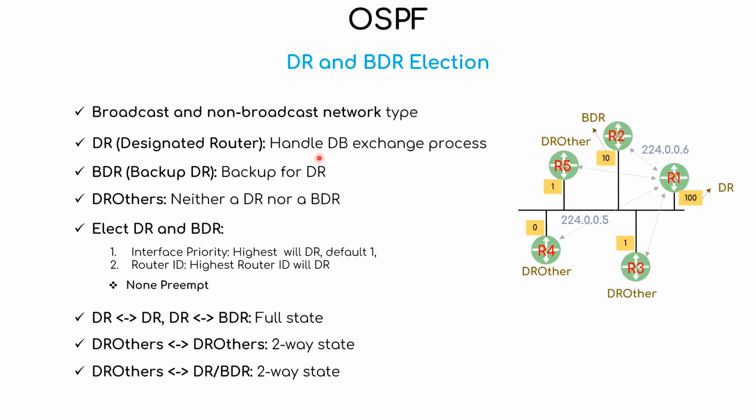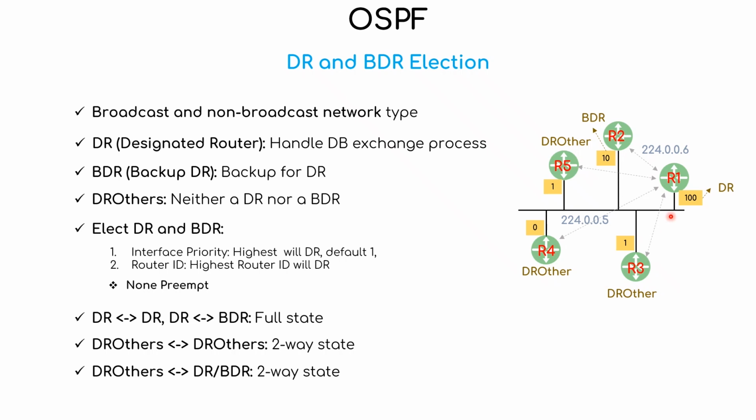The reason why OSPF needs the DR and BDR is that the database exchange process on an Ethernet link doesn't happen between every pair of routers on the same VLAN. So it uses the DR and BDR to exchange each database's information, and makes sure that all the DROther routers get a copy of each LSA.